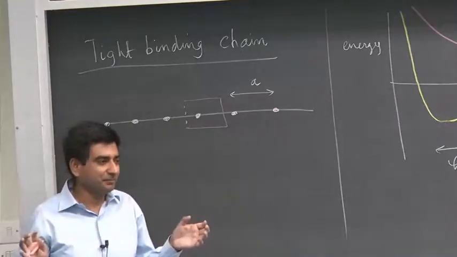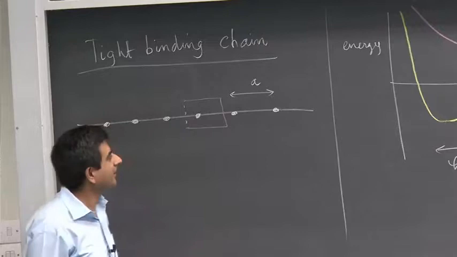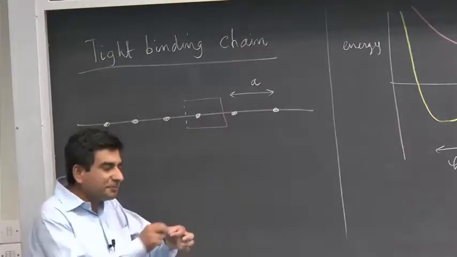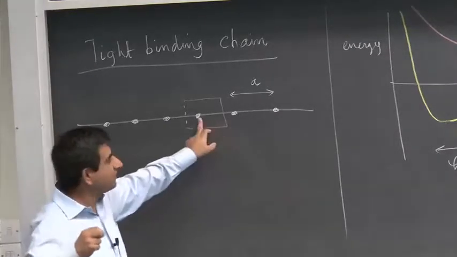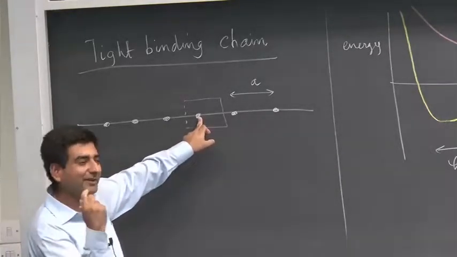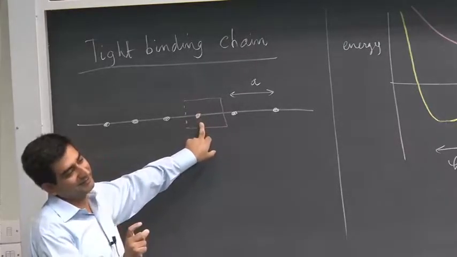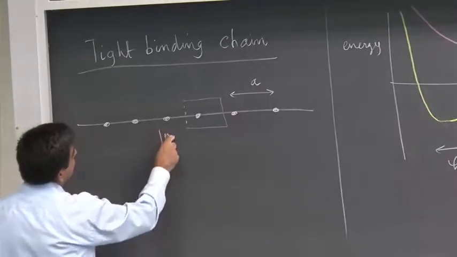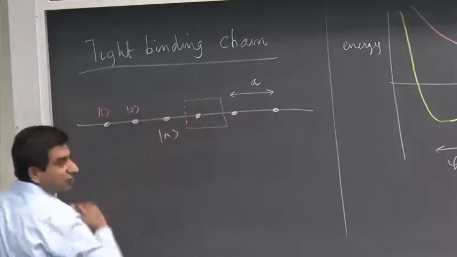That's my statement. You can have diatomic lattices as well, but this is a monatomic lattice. One atom per unit cell of one kind, and there is one orbital and one electron belonging to that orbital. And the orbitals I am labeling as ket m. So this is ket 1, ket 2, ket 3, and so on.